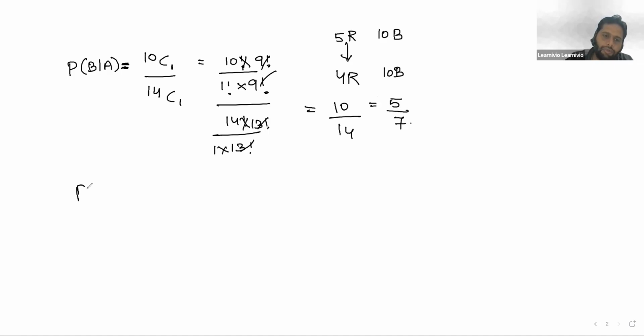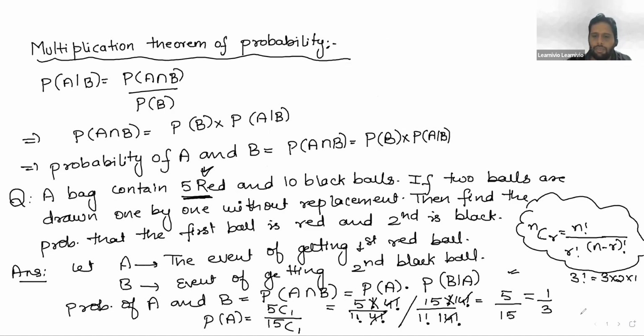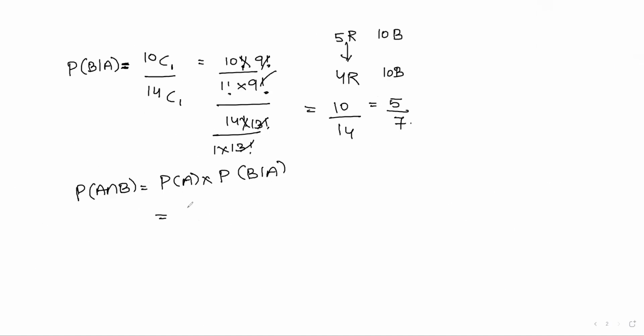What we need is A intersection B. So the formula is PA into B by A. What is PA? PA is 1 by 3. Yes, good. B by A is 5 by 7. So this will give you 5 by 21.